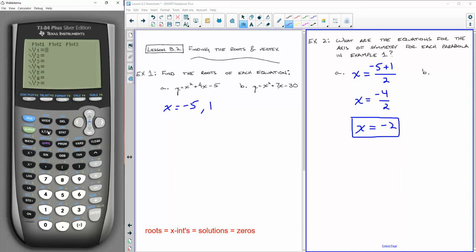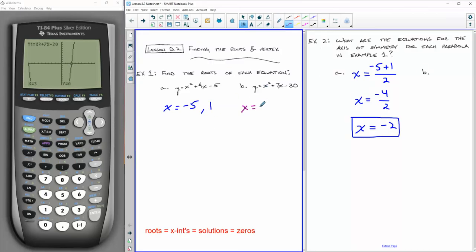Let's graph this equation, x squared plus 7x minus 30. Let's look for its roots. Looks like negative 10 and positive 3. Trace. Negative 10. Yep. Positive 3. Yep. Got it. So its roots are negative 10 and positive 3.